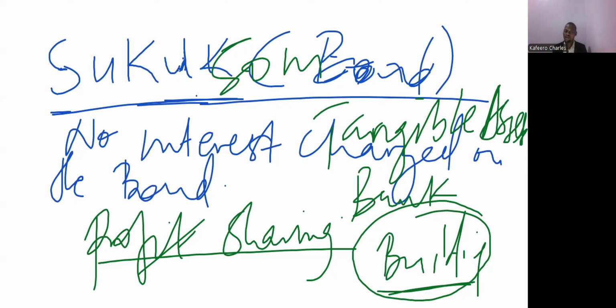If you want money to construct a school, then the bank will just construct the school for you. You just tell it where you want to construct the school, and they analyze everything to see how much is needed. They do the construction, or they pay the contractor, so that there is an underlying asset.